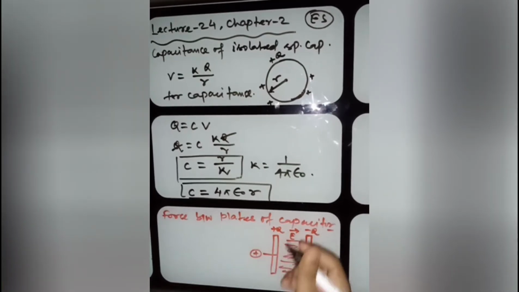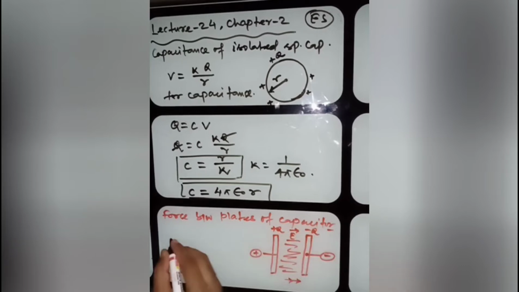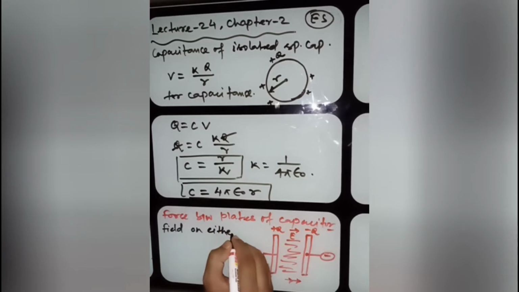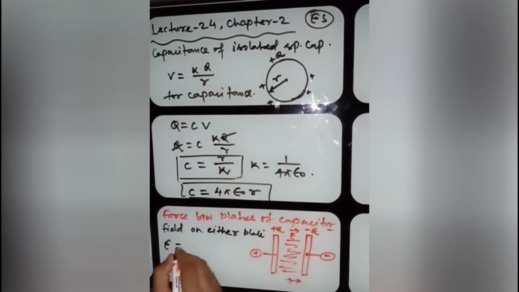So the field developed on either plate can be written as E equals what?